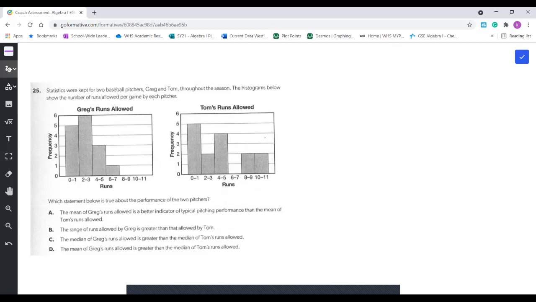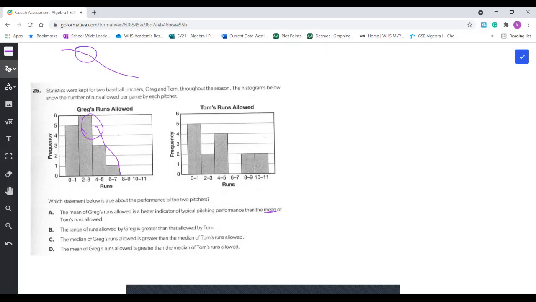He allowed 4 to 5 runs 3 times, and he allowed 6 to 7 runs once. So if I look at this person's data, his mean, the average, you see how it skews? It follows this pattern, like it starts high and then tapers down, right? So most of his data, his mean, is going to fall in this region, over in this area.